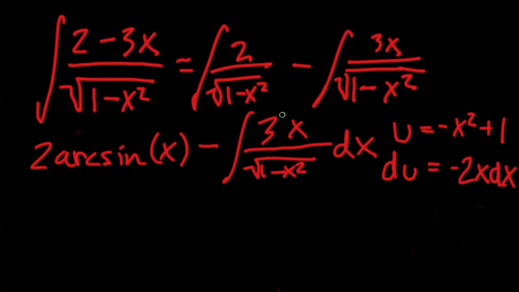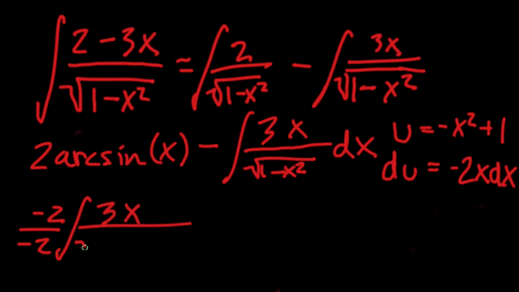What we see up here is a 3, not a 2. Okay, so in order to solve our integral, we need to multiply by 1, which we're going to do as negative 2 over negative 2, right? And we're going to have a 3x over the square root of 1 minus x squared dx. And this dx, it's going to cancel.